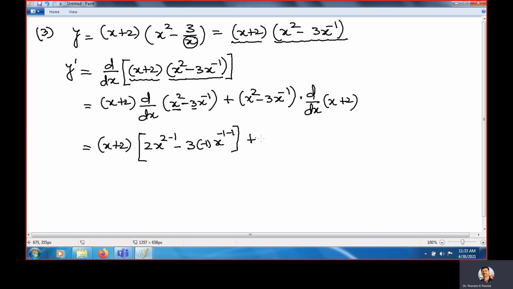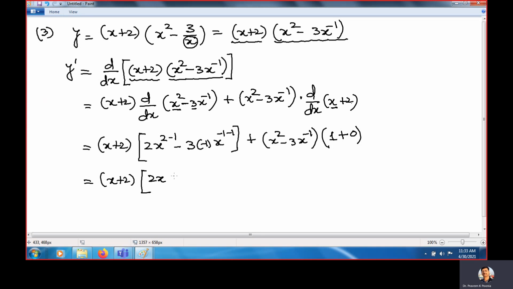This is plus x square minus 3x power minus 1. And what is the differential of x? 1. And differential of 2 constant, 0. Differential of x is 1 and differential of 2 is constant, 0. It equals to x plus 2. 2 minus 1 is 1.